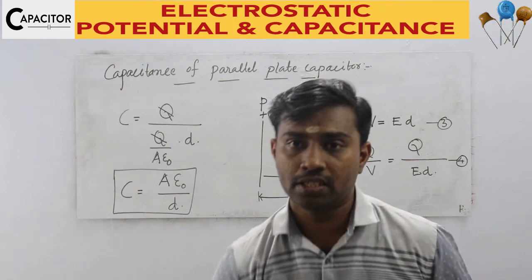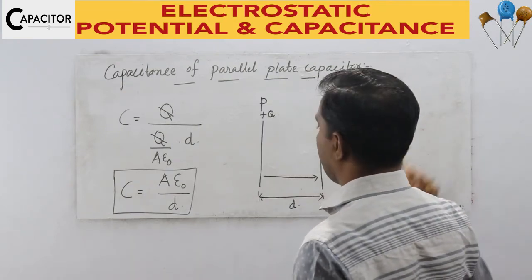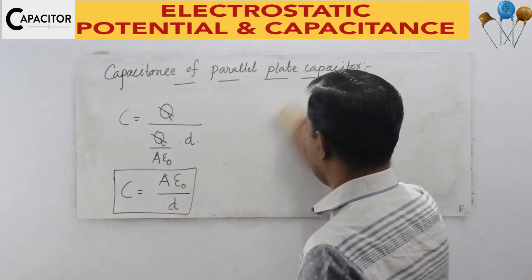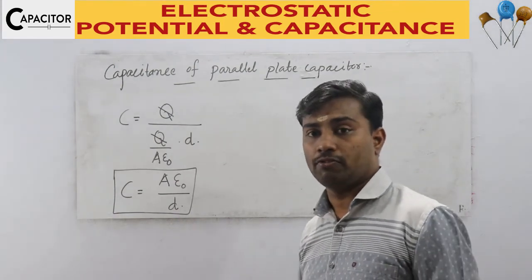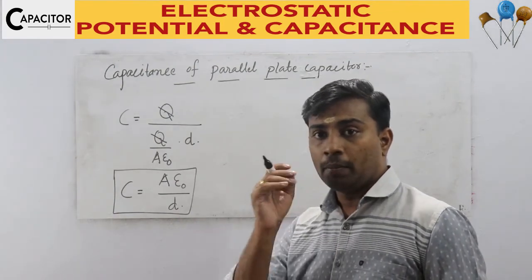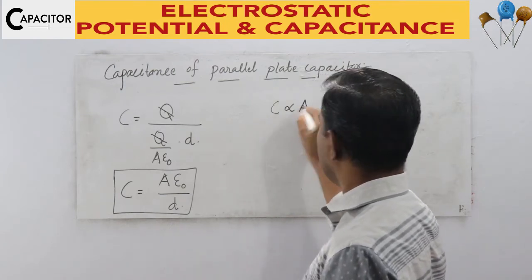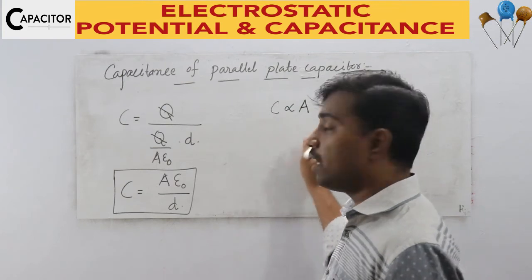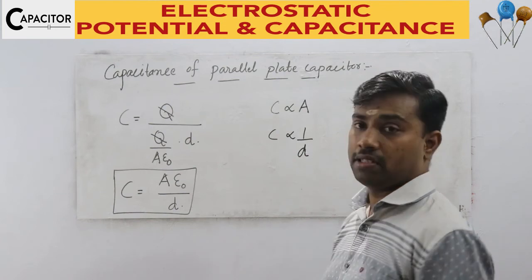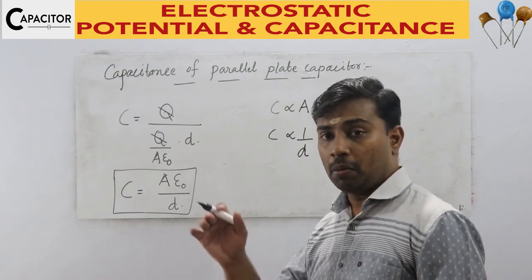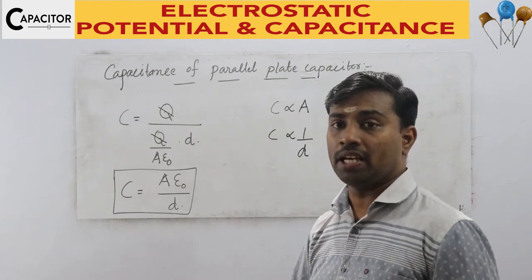From this, we can state the factors affecting the capacitance of a parallel plate capacitor. One is C is proportional to A: the capacitance is directly proportional to area. C is proportional to 1 by D: the capacitance is inversely proportional to the separation between the plates.